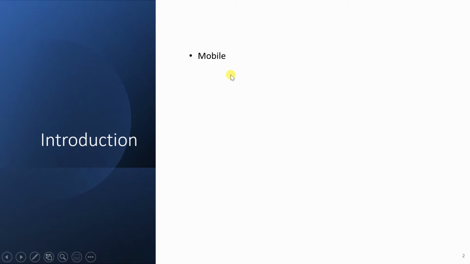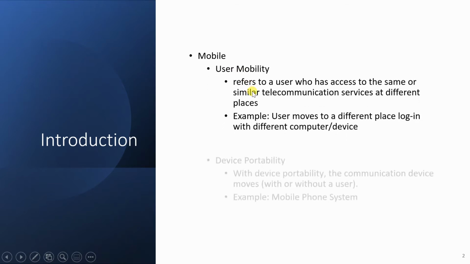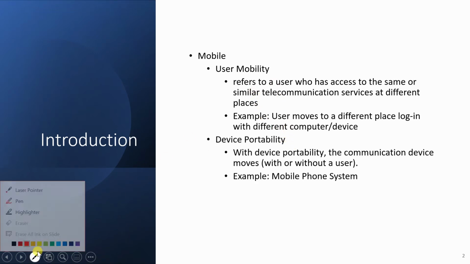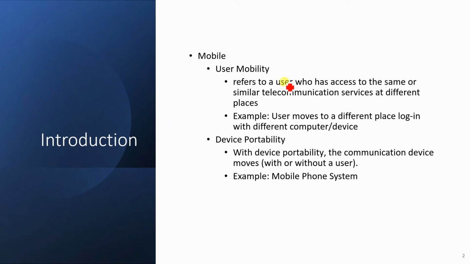Two terms are associated with this mobile facility. One is called user mobility and the second one is called device portability. So what do you mean by user mobility? It refers to a user who has access to the same or similar telecommunication service at different places.